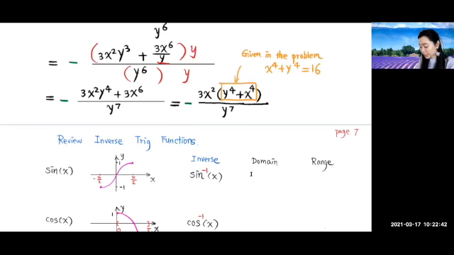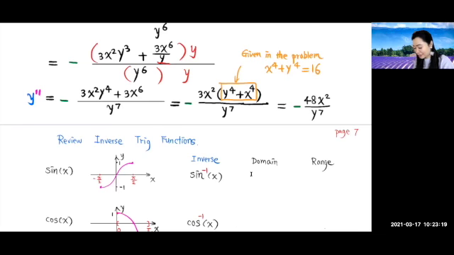So you can replace that by 16. 16 times 3 is 48. So this is negative 48 x squared over y to the 7. That's the second derivative of y. A lot of work, right? Yes.